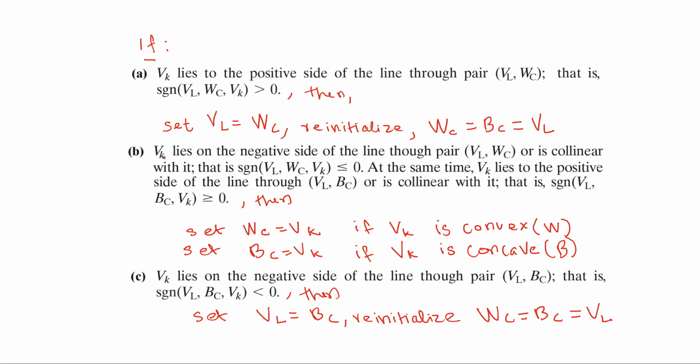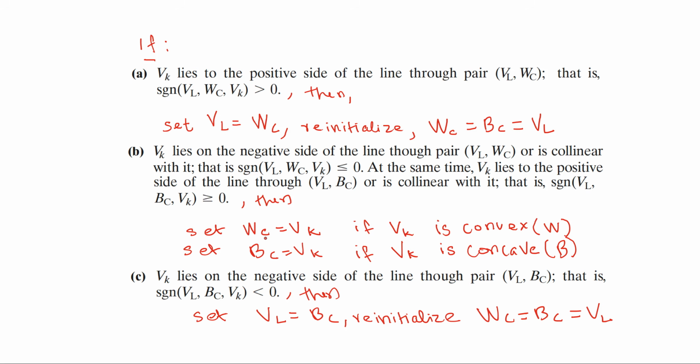And if Vk lies on the negative side of the line passing through VL, WC or is collinear with it, in other words, if sign of VL, WC, Vk is less than or equal to 0, and at the same time Vk lies on the positive side of the line passing through VL, BC or is collinear with it, that is, sign of VL, BC, Vk is greater than or equal to 0, then we look at two conditions.